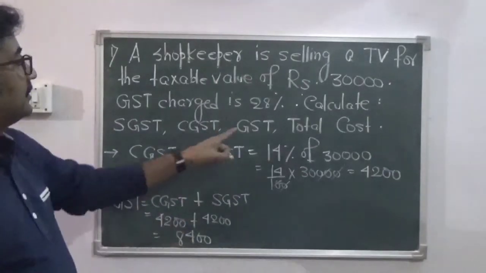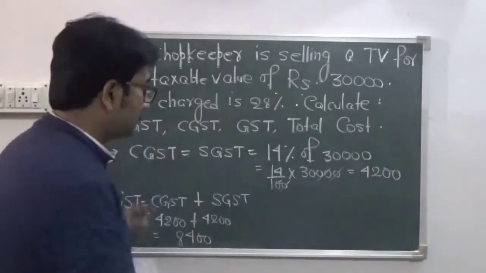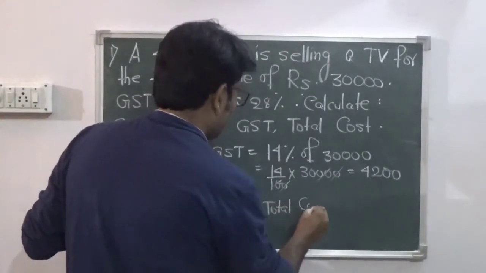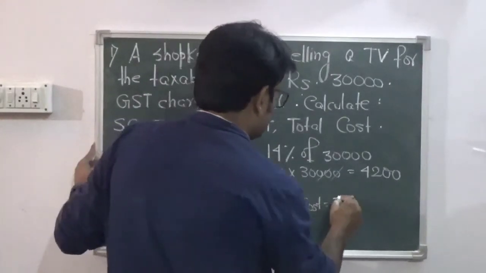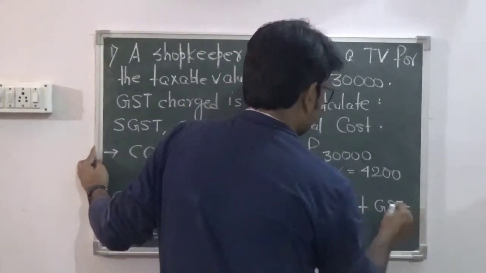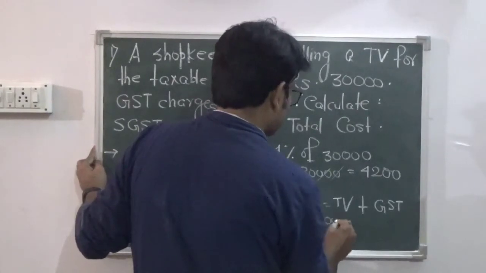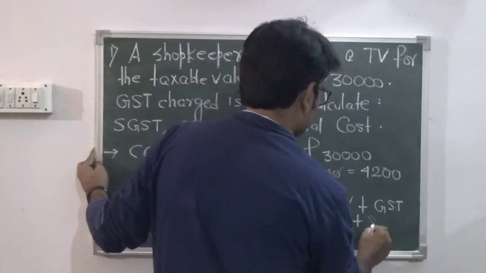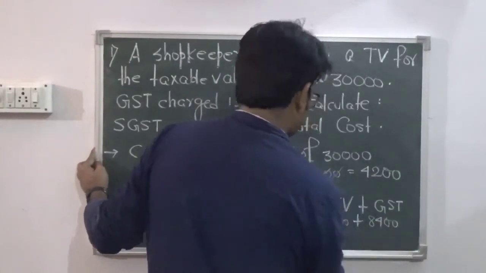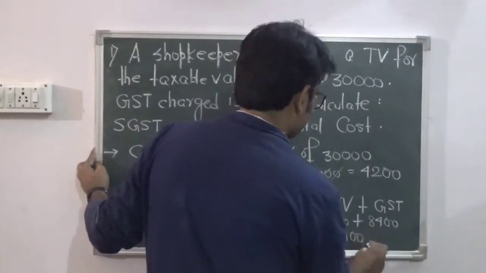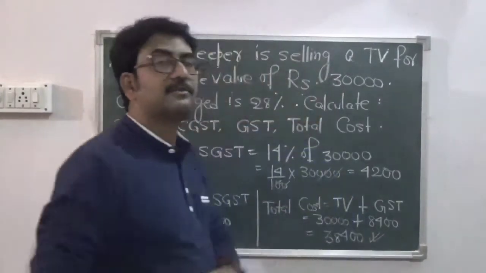Now, what is the total cost of the TV? The total cost is equal to the cost of the TV plus GST. So that is equal to 30,000 plus 8,400, that is 38,400. So this is your answer.